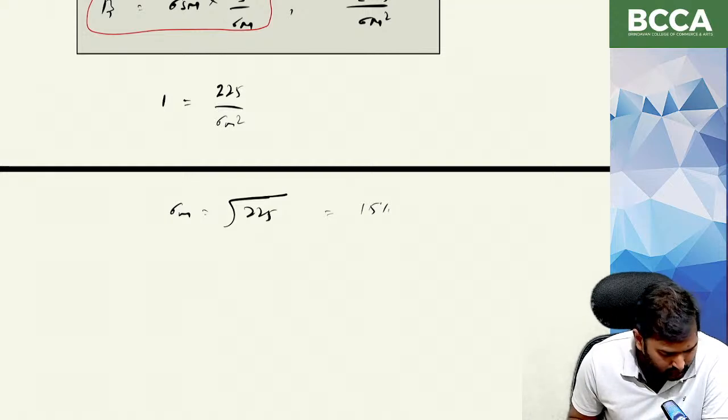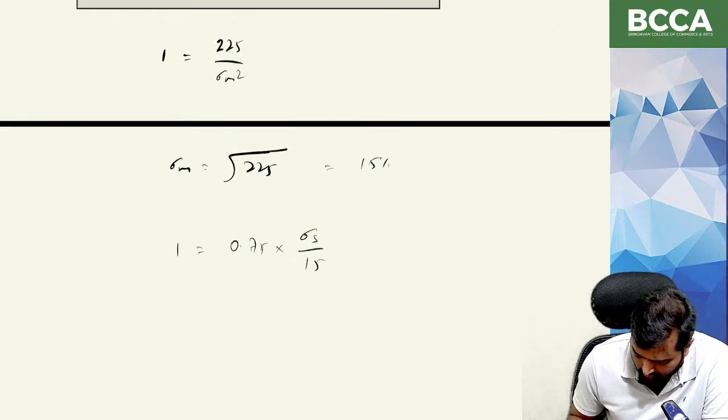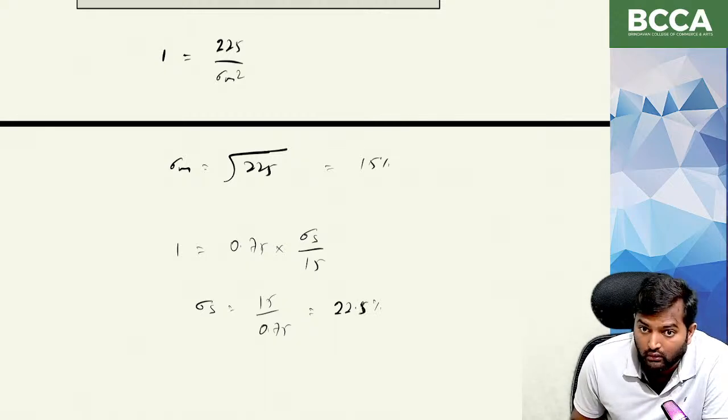So 1 is equal to 0.75 into sigma S divided by 15. Sigma S is equal to 15 divided by 0.75, 20%.